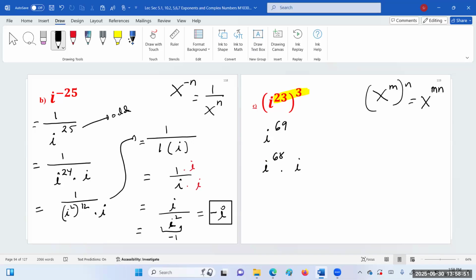Actually, let me teach you a trick. If you divide this whole number by 2, what's the trick? You get 34. So when you divide, if this is even, then your answer will be 1.